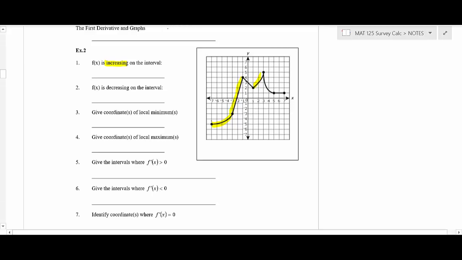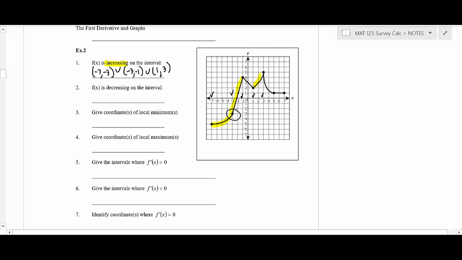So we would name this interval from the x values -7 to -3. Then we would start again from -3 until we got to -1. Then we would start again from 1 to 3. Now you may be asking, why did I break this up into 2 intervals?